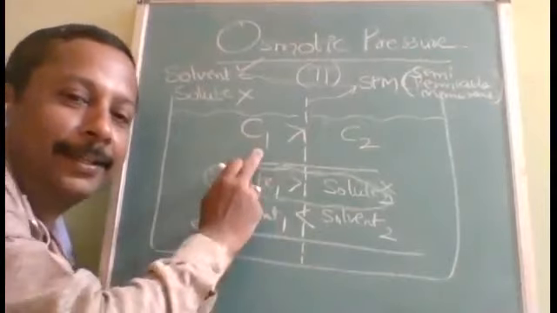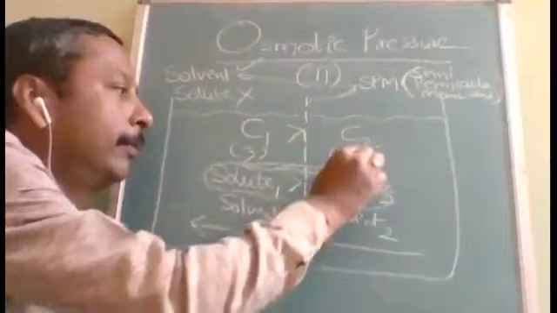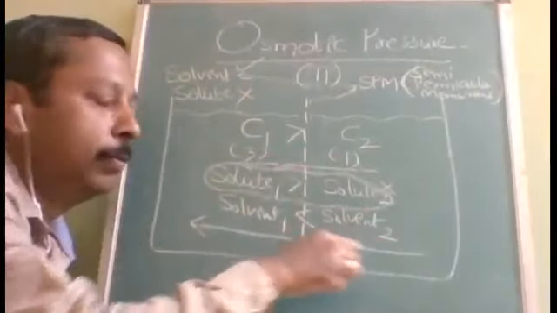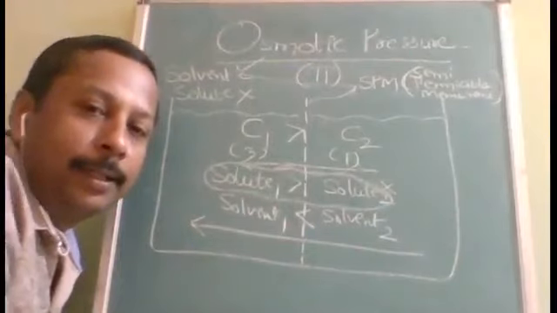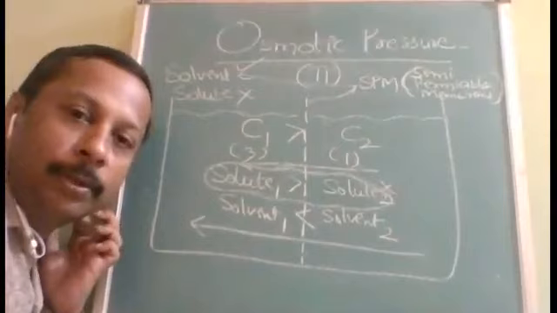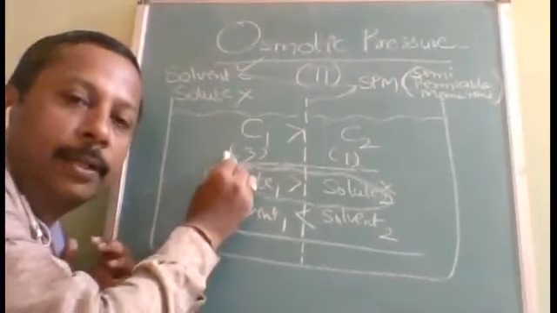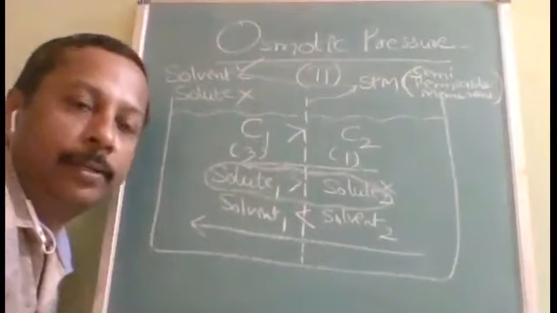The higher concentration is 3 and the other is 1. So when I remove the solvent, its concentration will increase from 1 to 2, and when you add solvent to it, its concentration decreases and reaches 2. Both will reach 2 only.